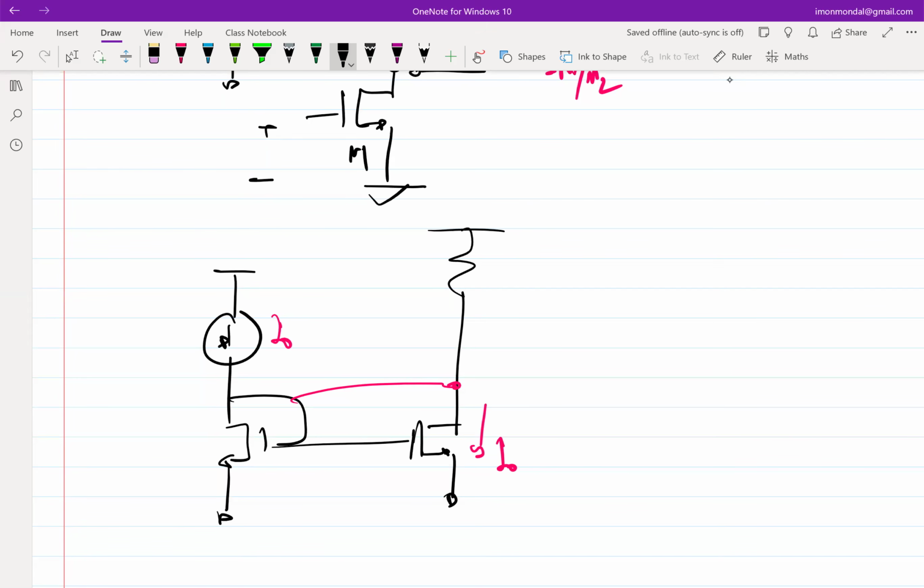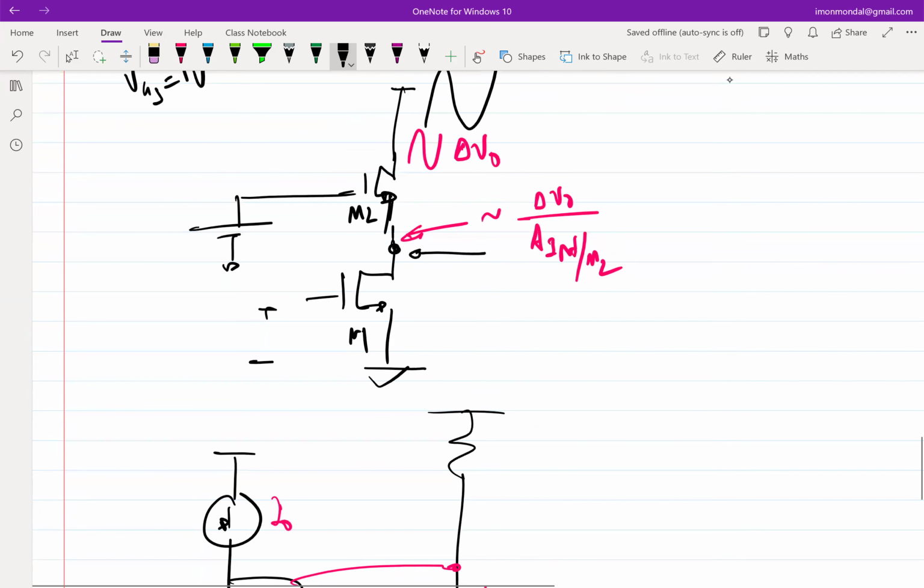The purpose is that I want the current to be the same in both the branches, which is not guaranteed. Another problem is that if this voltage changes, this current itself will change a lot. Sometimes you might want an inaccurate mirroring, but whatever is getting mirrored should not change. That is another requirement at times, but that is also not getting solved in this. But a very good question.